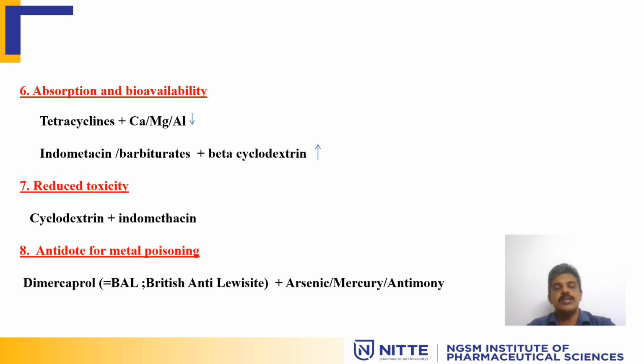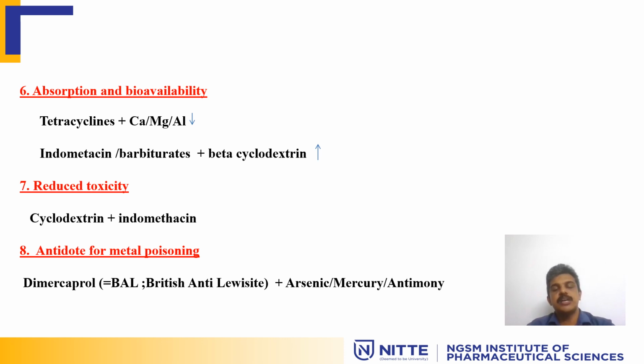That's why while taking an antibiotic like tetracycline, we have to avoid milk. Because milk contains calcium, it forms complexes with tetracycline and reduces absorption. If absorption of tetracycline is reduced, its bioavailability also significantly decreases by complex formation.